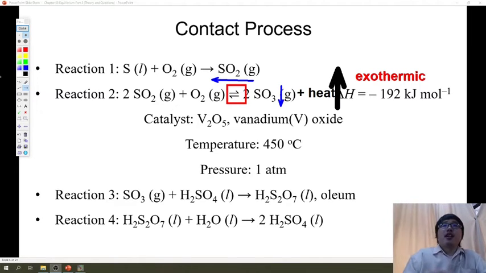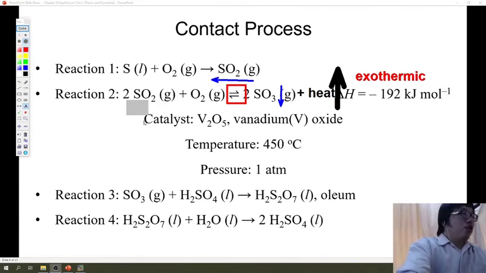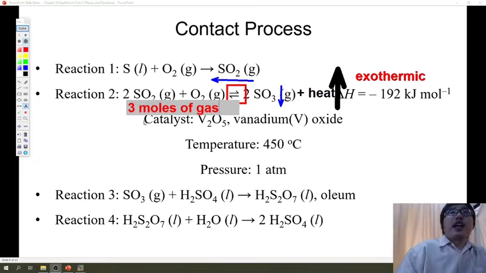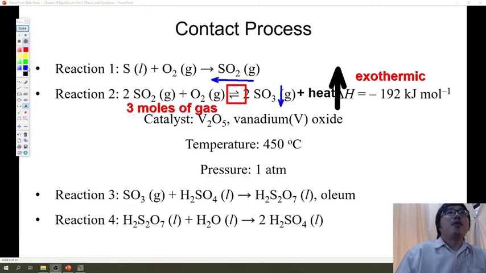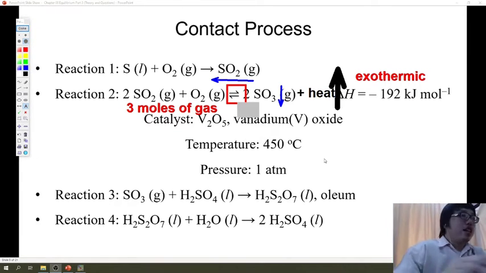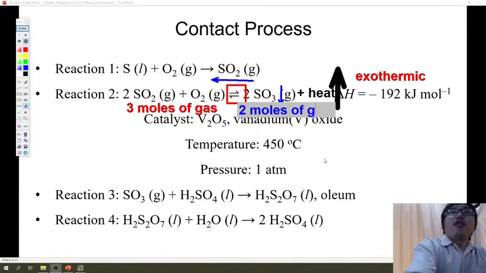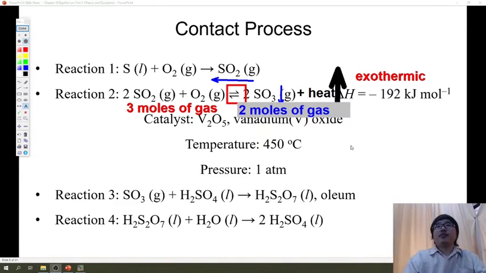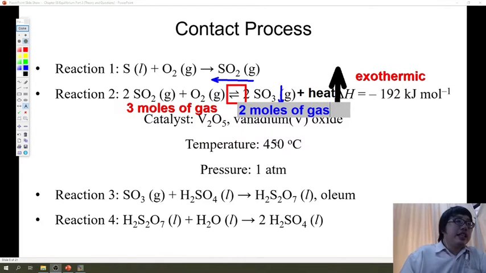Then you may say, sir, this is similar to previously, because here there are 3 moles of gas, whereas here there are 2 moles of gas. You must be thinking, so why didn't they increase the pressure?